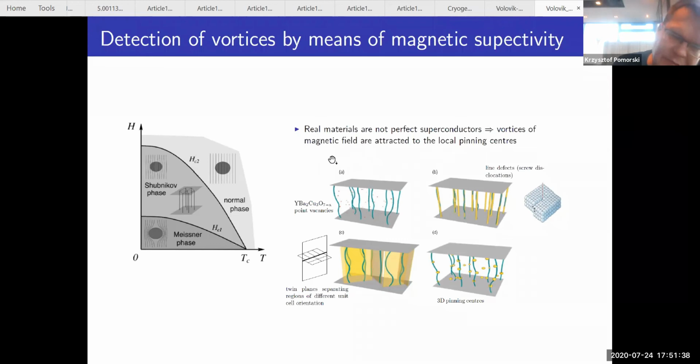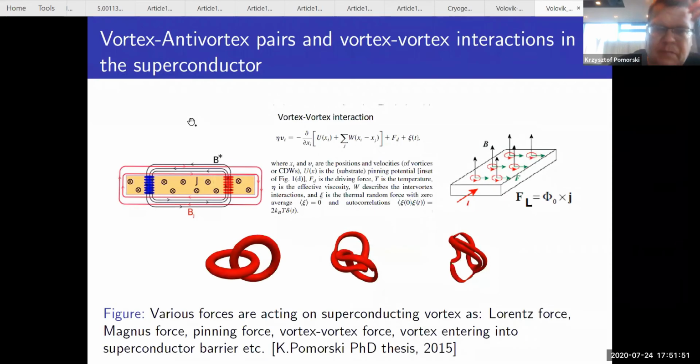And then when you observe various phenomena, these vortices can bend. When you send electric currents, you can misshape them, you can entangle them. So a very good picture is this picture.